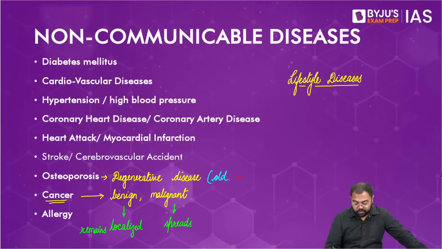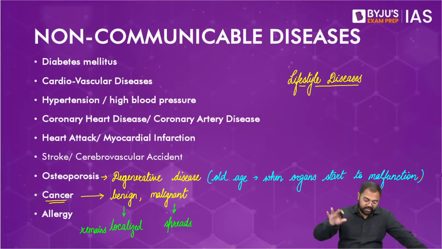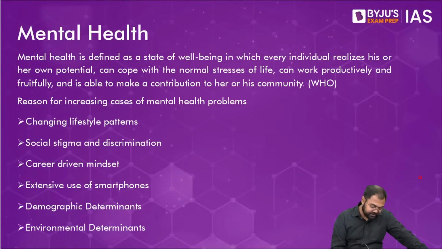Happens with old age, largely with old age, when organs start to malfunction. So that is basically what we have to understand in these kinds of cases, that these are the ones which will happen when the organs start to malfunction with a certain age. So that's called a degenerative disease. So there are all these diseases which are non-communicable in nature.